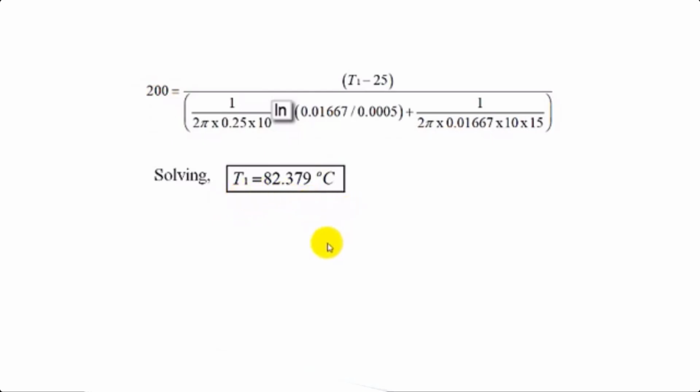Now the cable surface temperature has decreased by providing the critical radius of insulation or critical thickness of insulation. The cable surface temperature we could reduce to 82.379 degrees centigrade. So insulation reduces the surface temperature of the cable by increasing the rate at which the heat is flowing out.